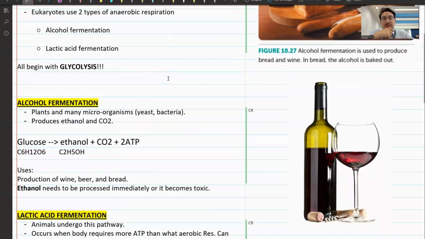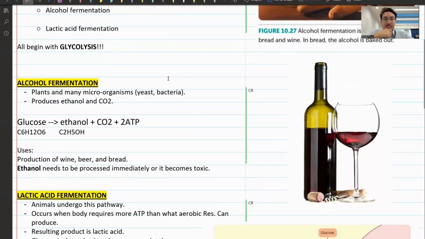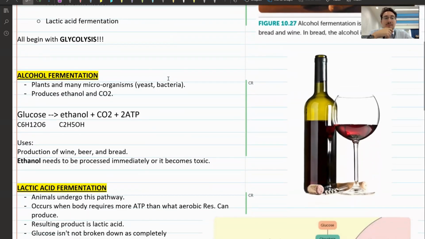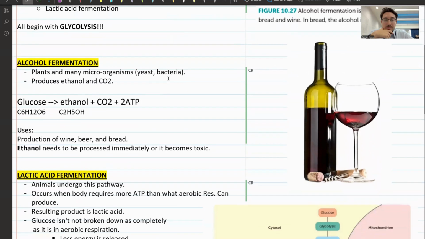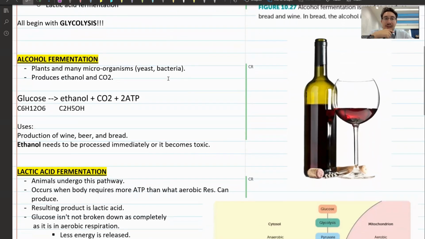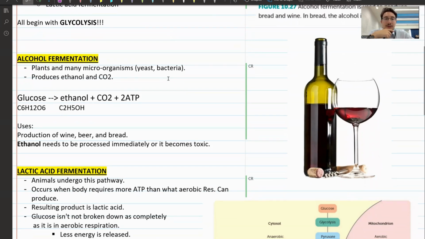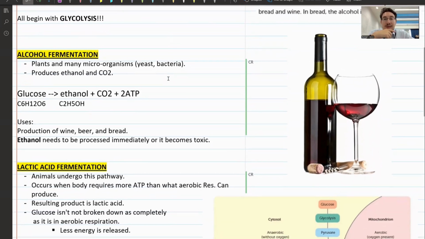So let's take a look at this alcohol fermentation, right? Plants and many microorganisms, yeast and bacteria, can undergo alcohol fermentation. And the reason why it's called alcohol fermentation is that it produces a type of alcohol, right? Ethanol.